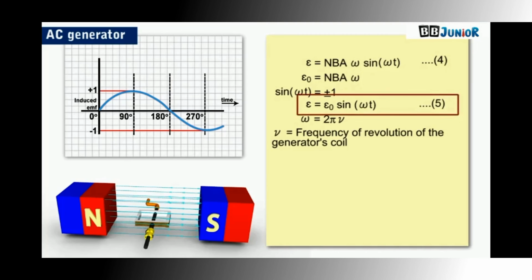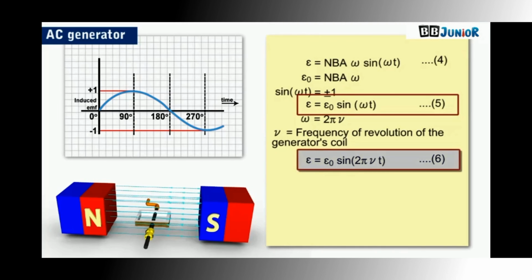Substituting the value of omega in equation 5, we get E is equal to E0 sin 2 pi nu t. Let us label this as equation 6. Thus, equation 6 gives the expression for the instantaneous values of the EMF.